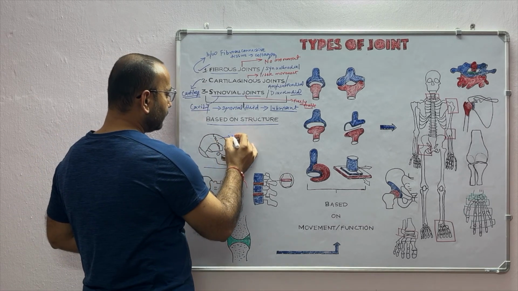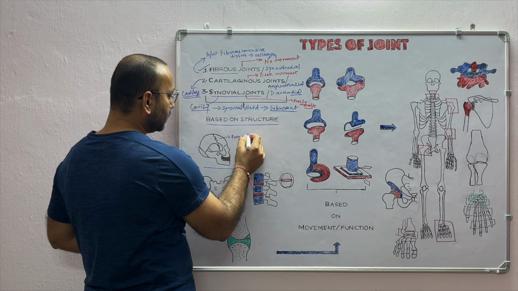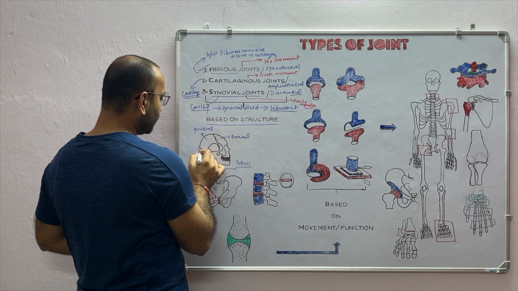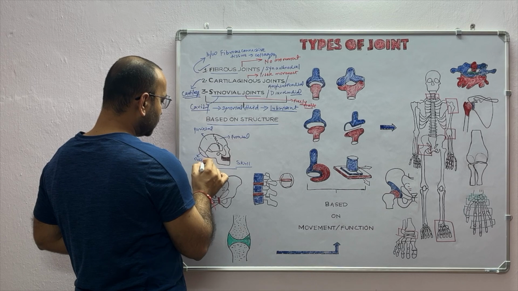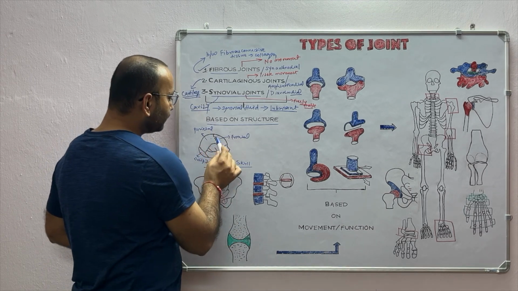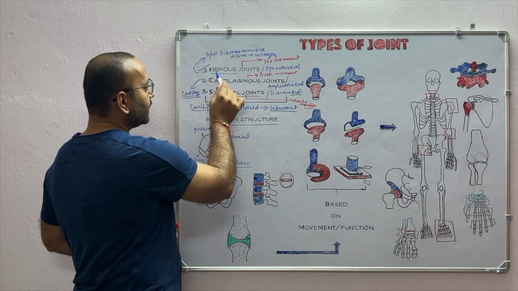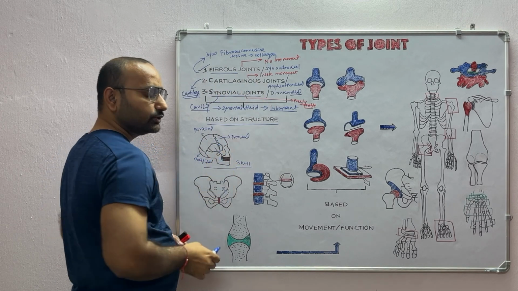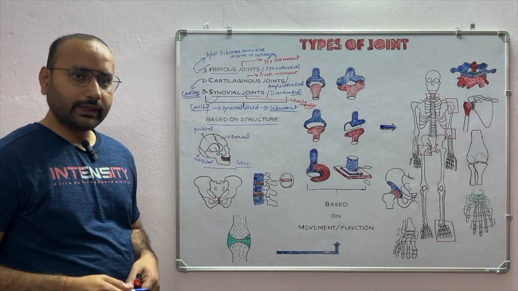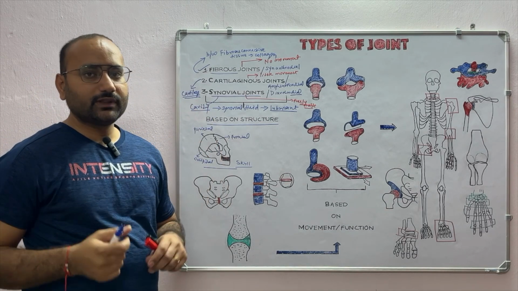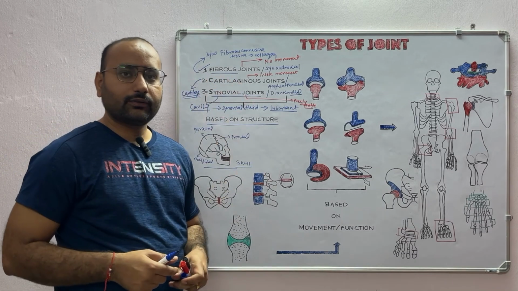So you have the frontal bone here, you have the parietal bone, then you have the occipital bone, right? And you have the temporal bone. So the joint between these flat bones comes under which category? Fibrous joint, because the movement between these bones is almost zero, right? Because you can observe your skull, there is no movement between the bones. So the joint between these bones comes under the category of the fibrous joint, right?